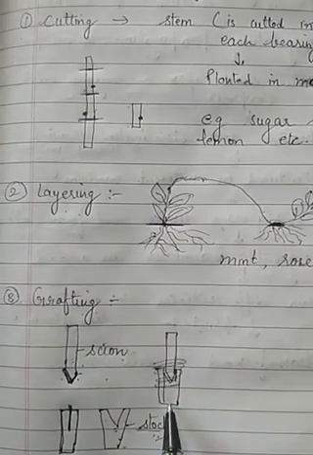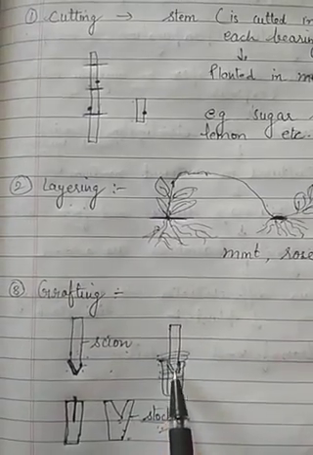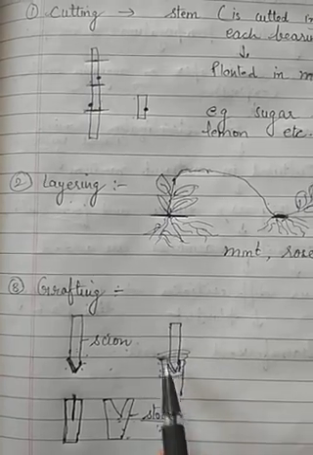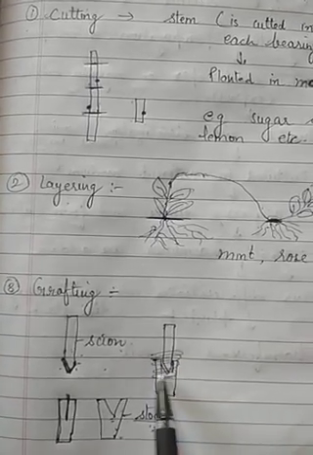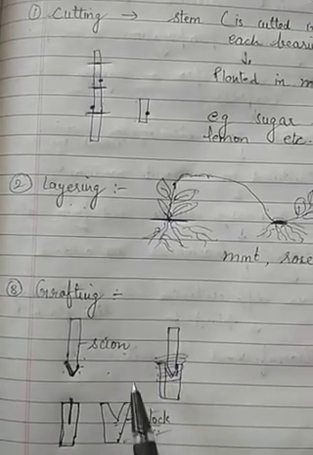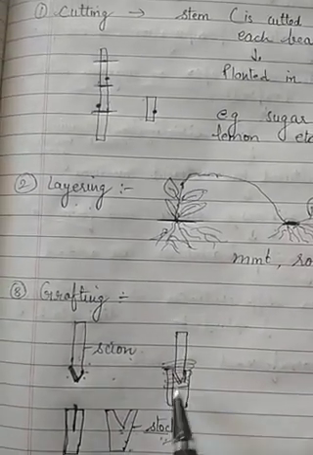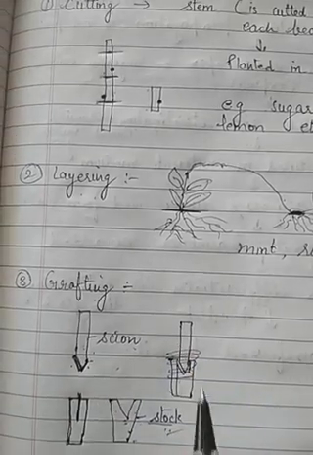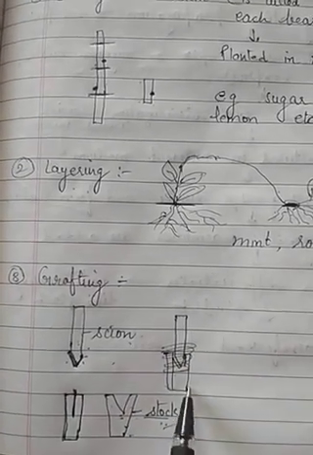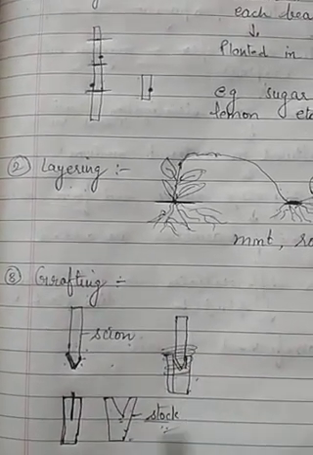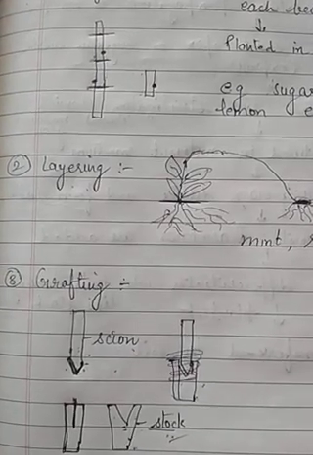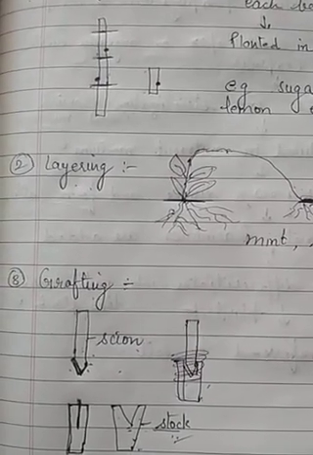Now when we put both the parts together, that is the scion and that is the stock, we tie that part with a thread, maybe tape, maybe cloth. After that it will start growing and turn into a simple plant. Why do we do this? Suppose we want to get a good quality plant of related species.